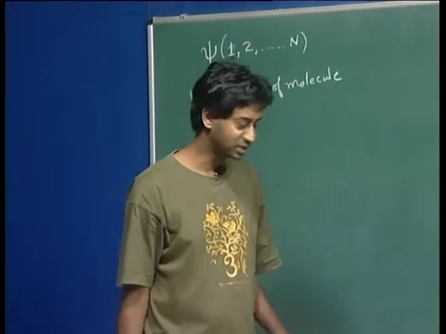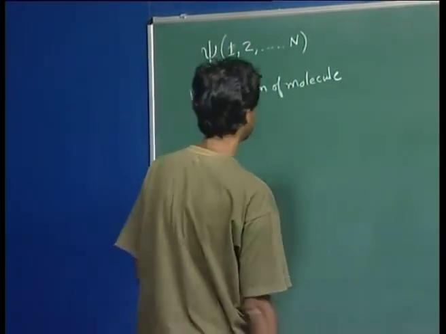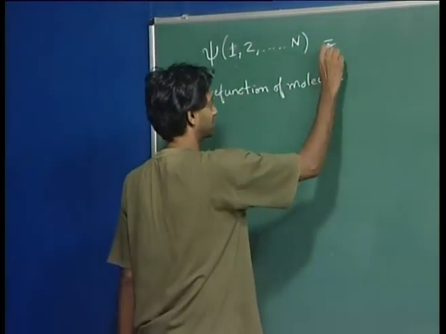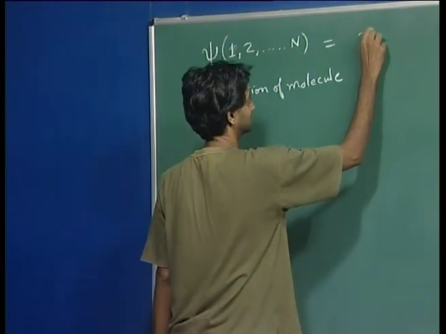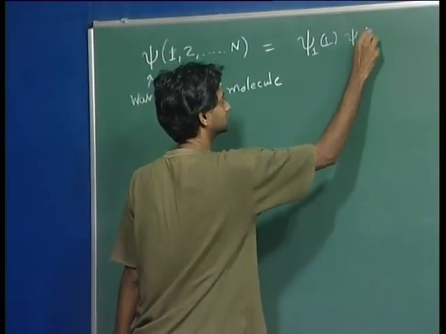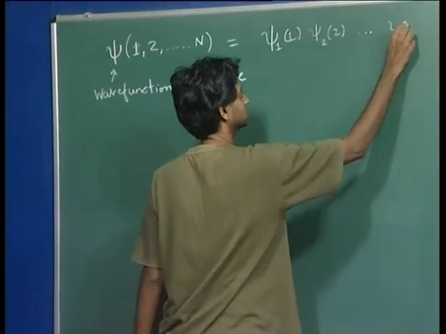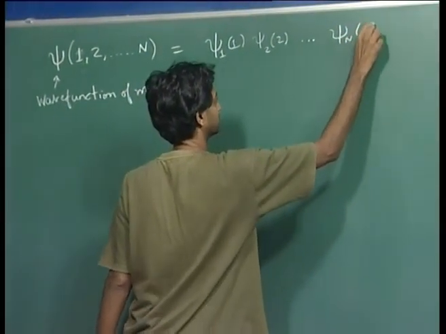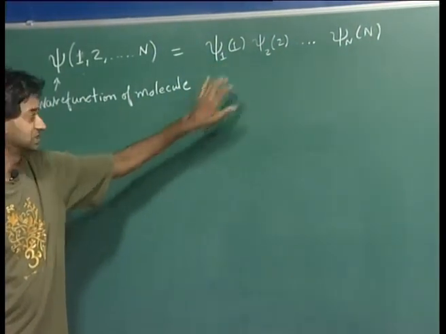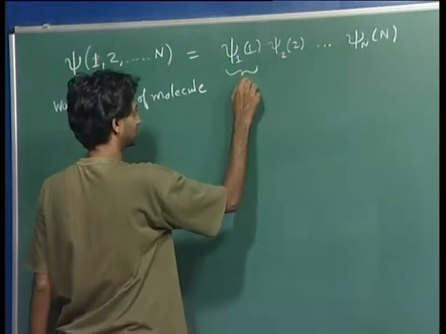So this is the electronic wave function of the molecule, and the first thing you do is to write this as a product of one electron wave functions. So you write this as a product of functions 1 to n, and these are single electron wave functions. These are called orbitals, and in particular these are called molecular orbitals.